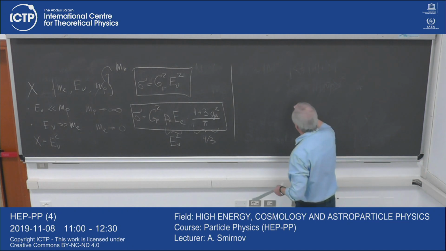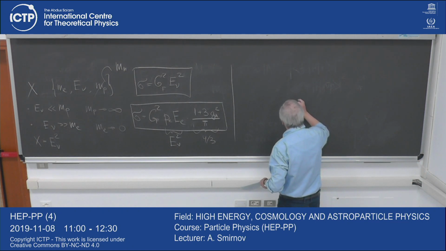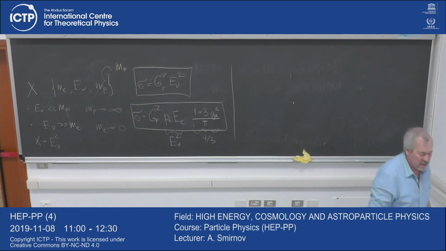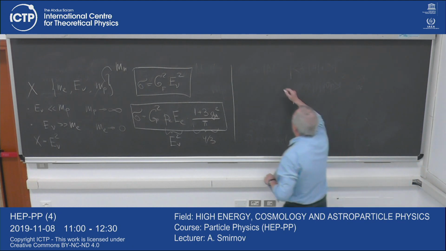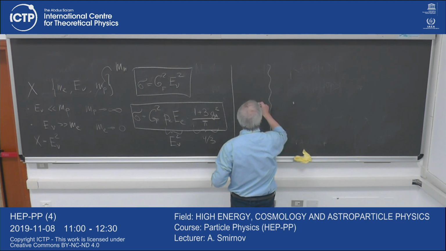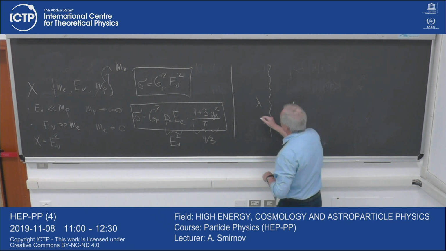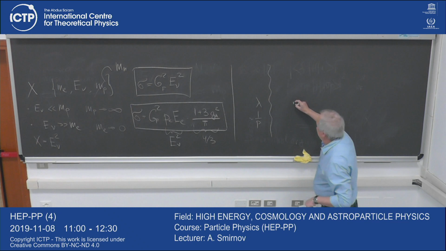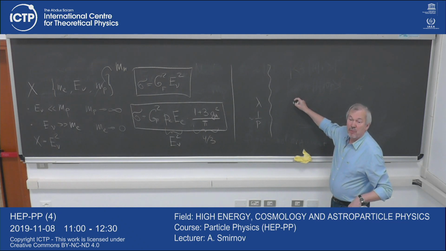Remember we discussed that the interaction is very short. It's, as you know now, the inverse of the mass of the W boson. If you have a very long wave, which is given by 1 over P, then the result of scattering is very small.